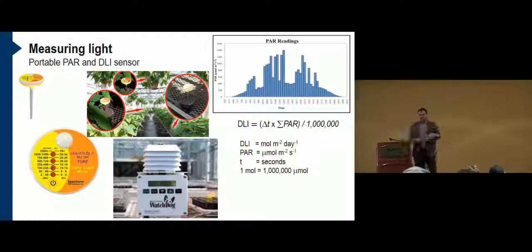If you have a photosynthetic active radiation sensor or a quantum sensor that measures PAR, then to be able to determine daily light integral, what you can basically do is to deploy that sensor and keep measuring the photosynthetic active radiation.